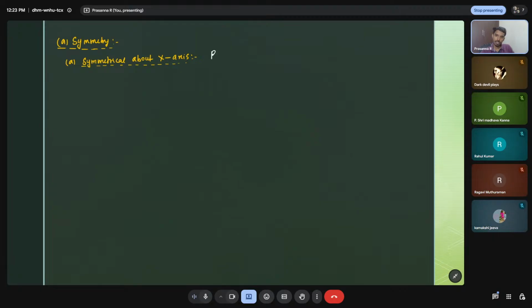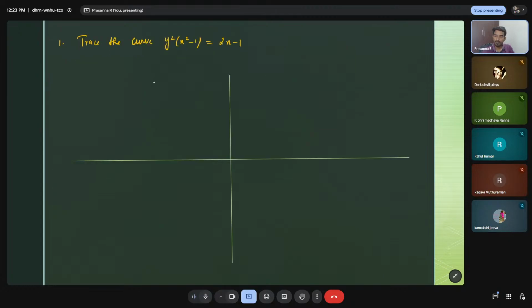Replace y by minus y. If the curve remains same, it is symmetrical about x-axis, right?